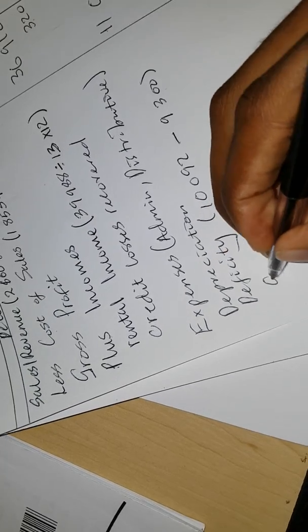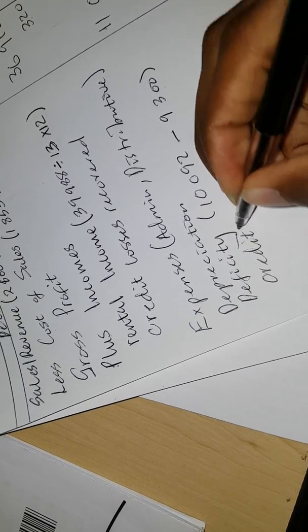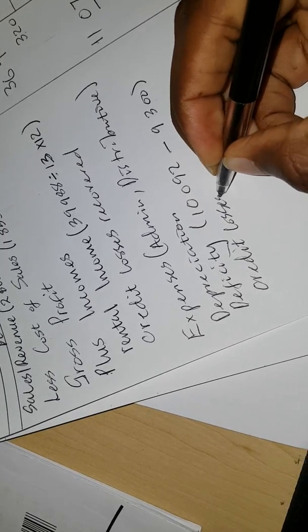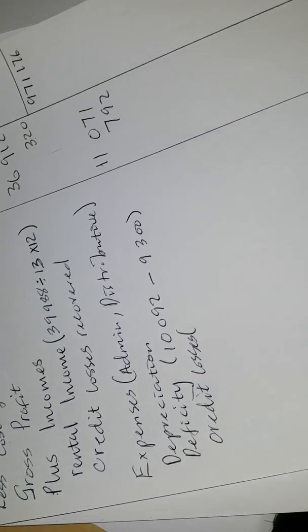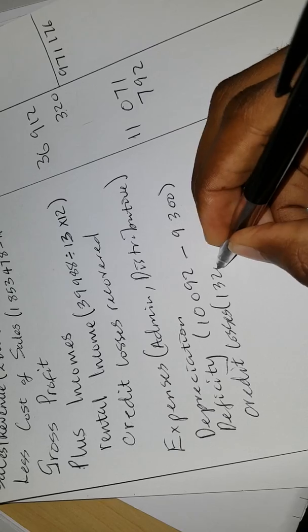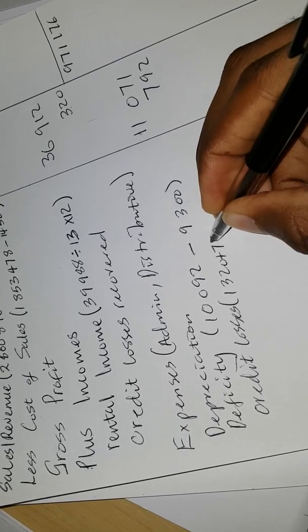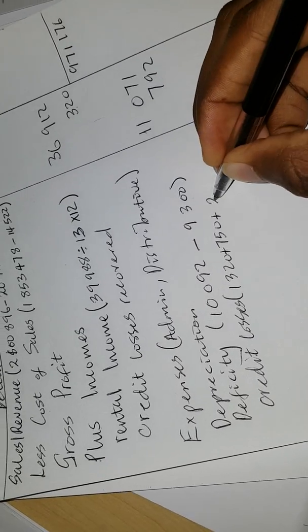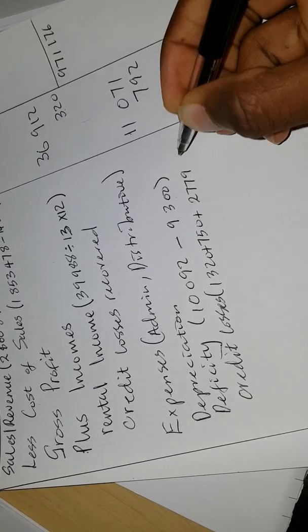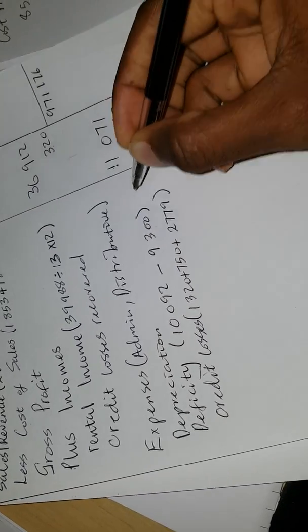So now you'll come here and say credit losses. Okay, you can show your transaction here. It's 1,320 plus 750 plus 2,779. Okay, and how much did you get?